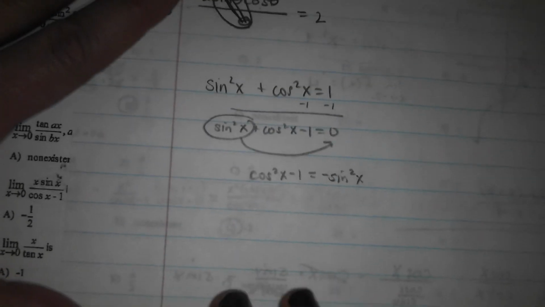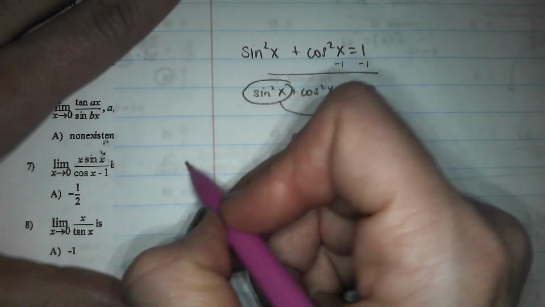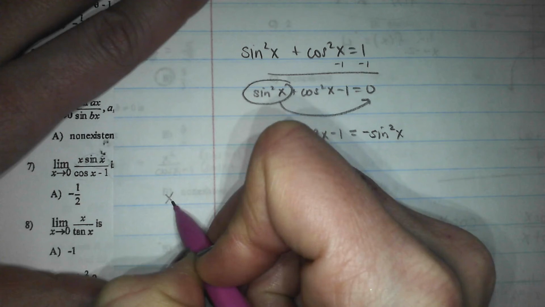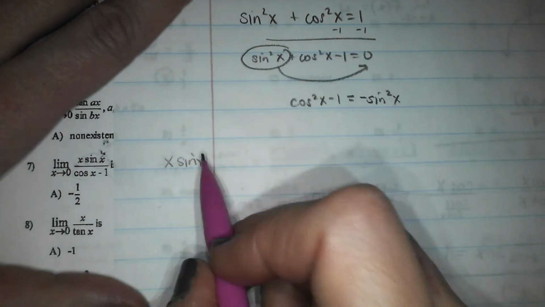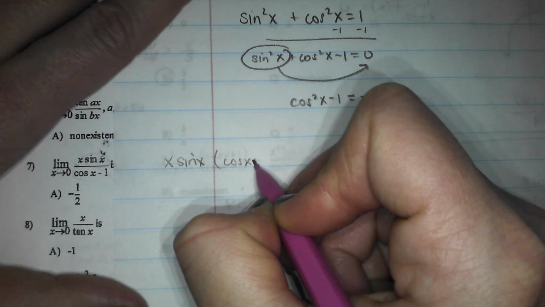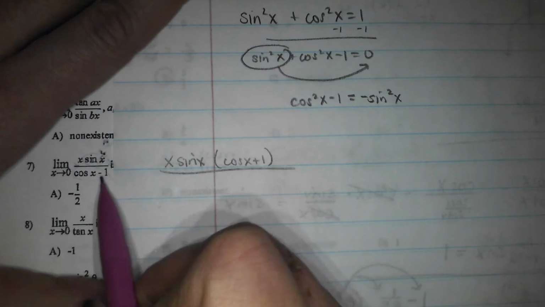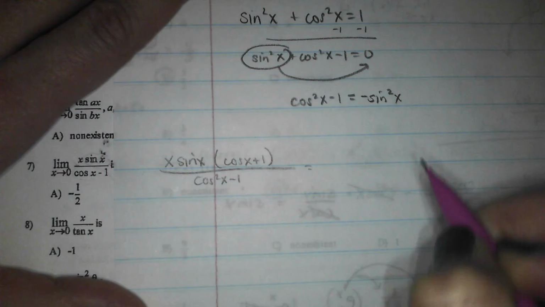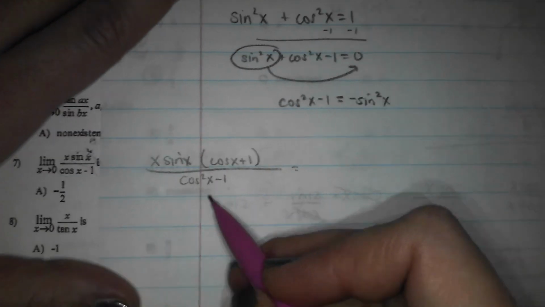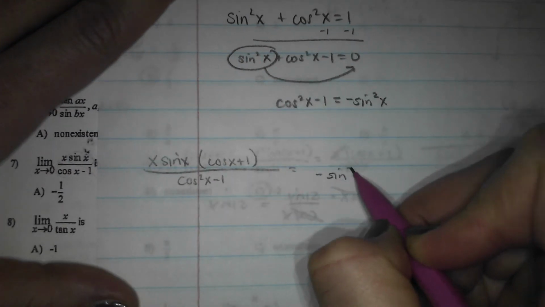Let me just do it and you don't have to write this down. If I did multiply by the cosine of x plus 1, my numerator would be x sine of x times the cosine of x plus 1, and my denominator would have been that cosine squared x minus 1. The denominator would have changed to negative sine squared x.